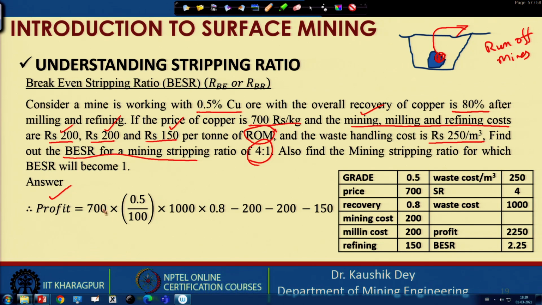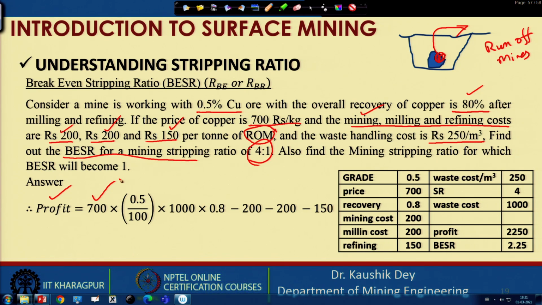Profit is that from 1 ton of run of mines, we are getting 0.5% copper. That copper we are selling, not 0.5%, 0.5% is the grade, but 80% is the recovery. So, 0.5 into 0.8. So, that much copper we are getting from the treating, milling and refining of the copper ore.